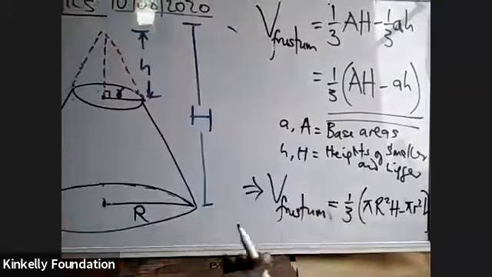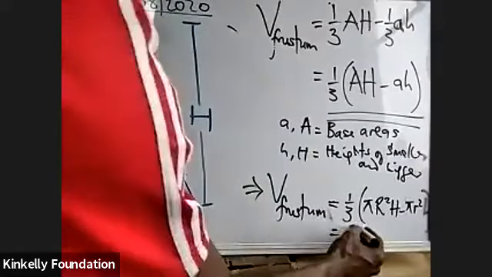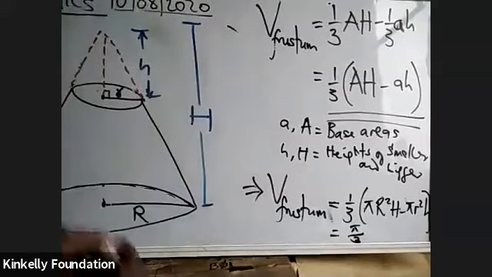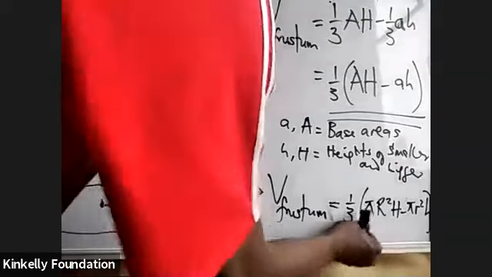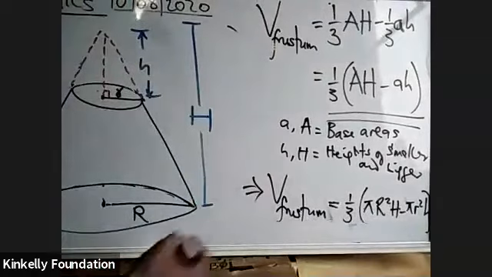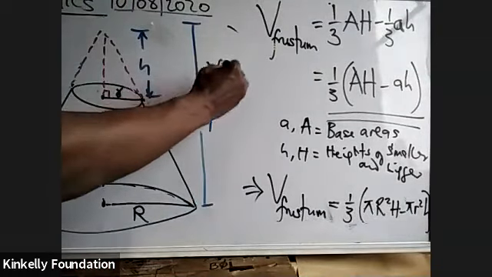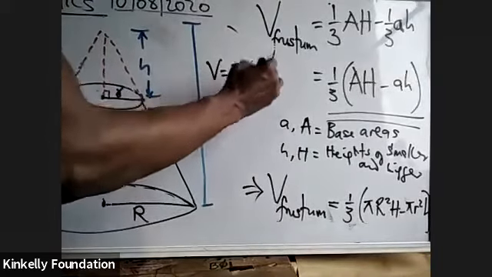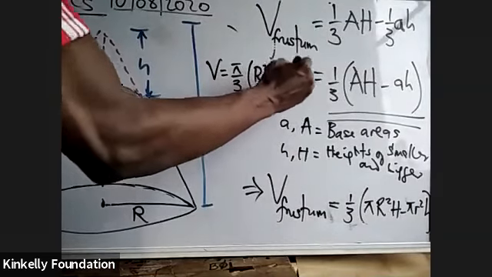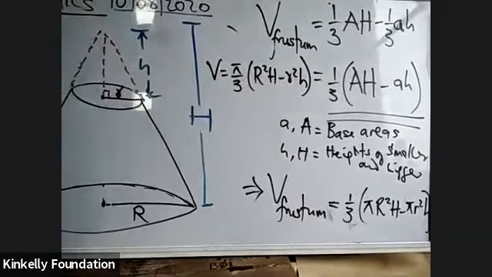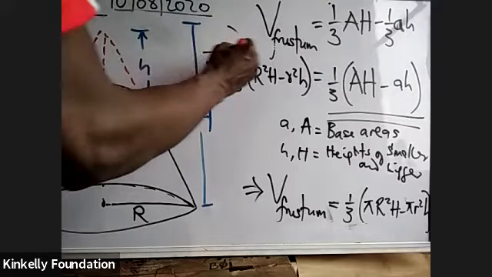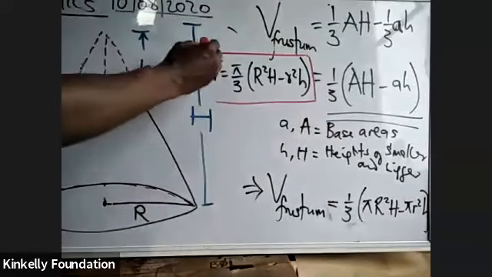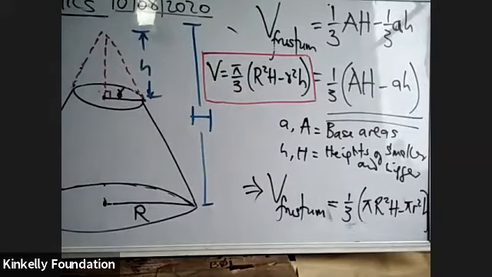So pi is common. You can bring out your pi. It will be pi/3 times, let us write it out, V equals pi/3 times R squared H minus r squared h. So this is the volume of the frustum of a cone.